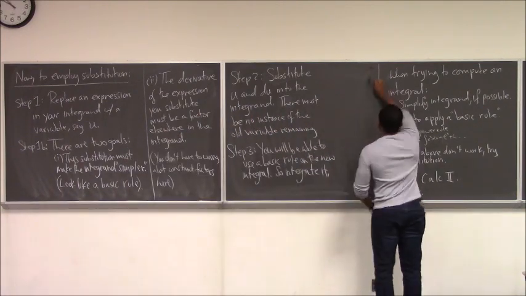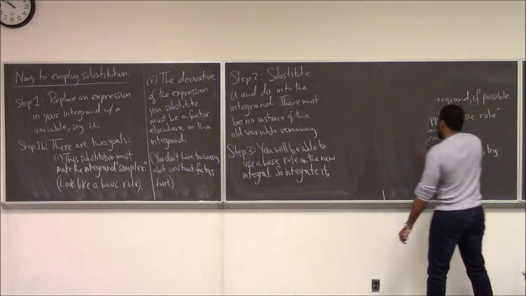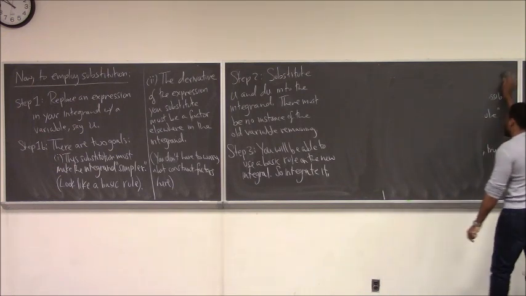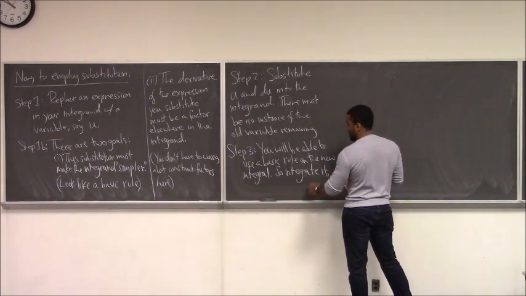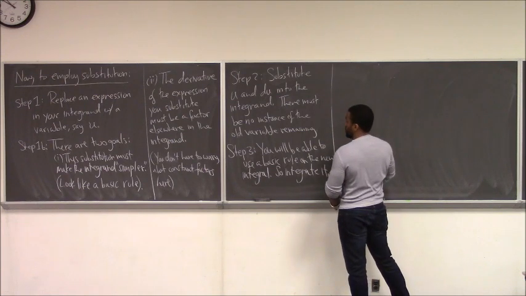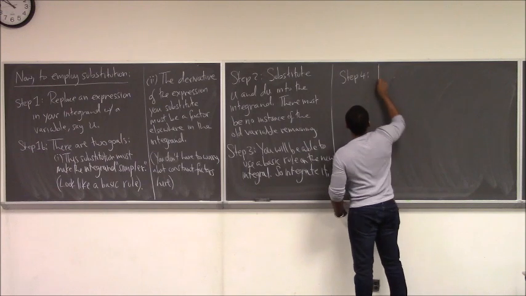And step 4. Step 4 is especially important in the indefinite case. You want to do what's called a back substitution. So basically you want to rewrite the answer you get. This answer will be in terms of u. You'll want to back substitute to write the answer in the original variable.